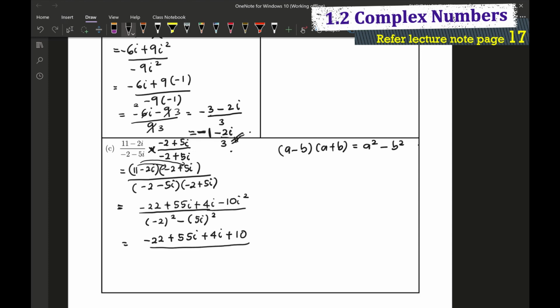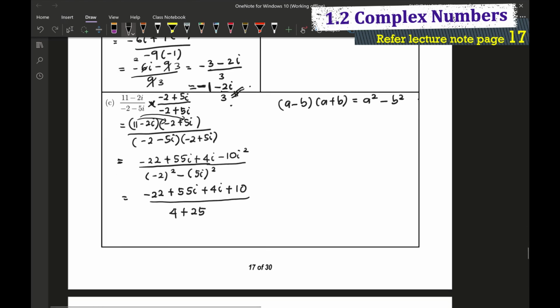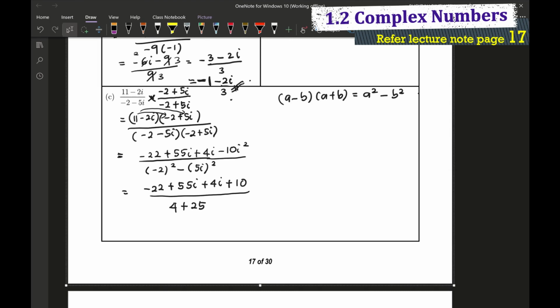Over this one will become 4 minus 25i squared, and i squared is -1, negative multiplied by negative becomes positive, so this one plus 25. Now it will become -22 plus 10 becomes -12, plus 59i over 29.